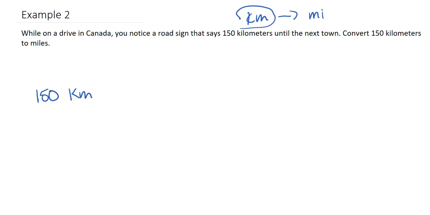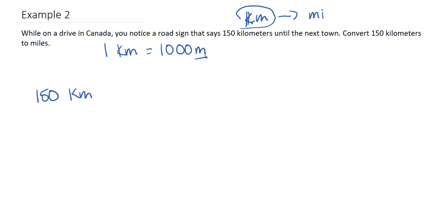Let's start dealing with our relationships. If we look at our conversion sheet, we know 1 kilometer is equal to 1,000 meters. That's important, so let's keep going with the meters.